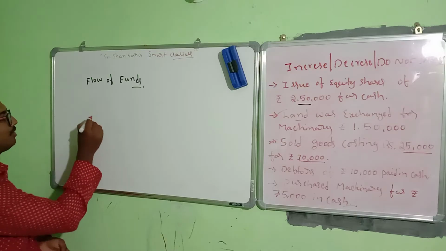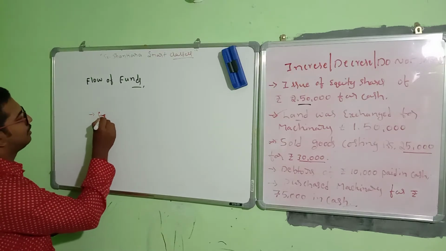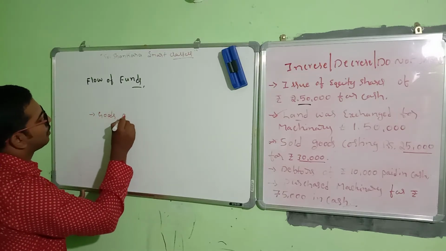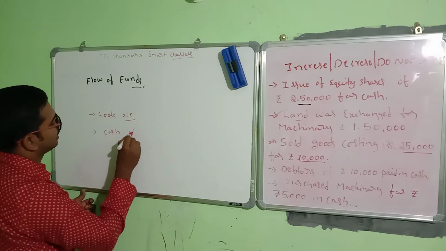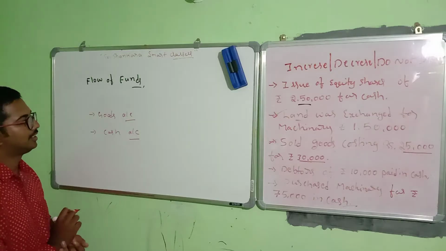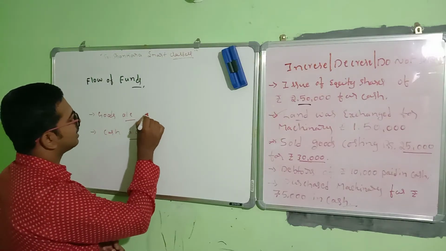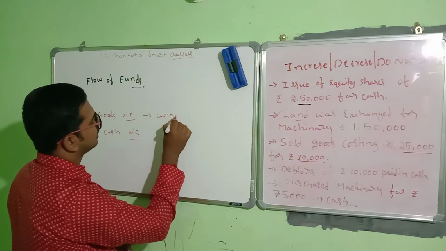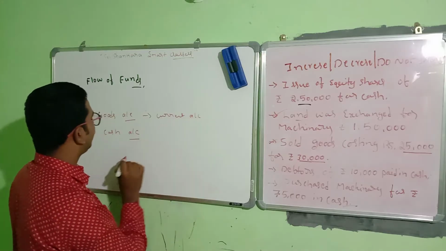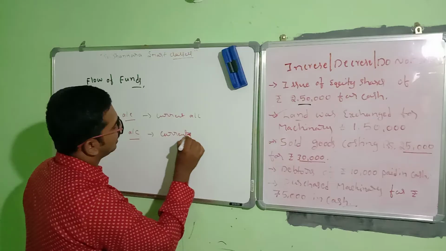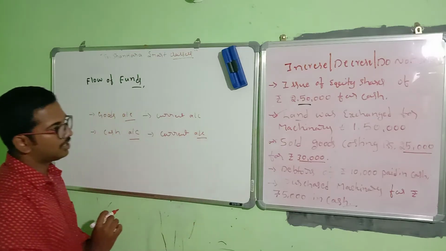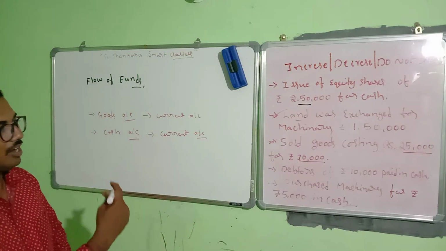So first identify the accounts. One is the goods account, the other is the cash account. Goods account is a current account, and cash account is a current account, but it leads to profit or loss.